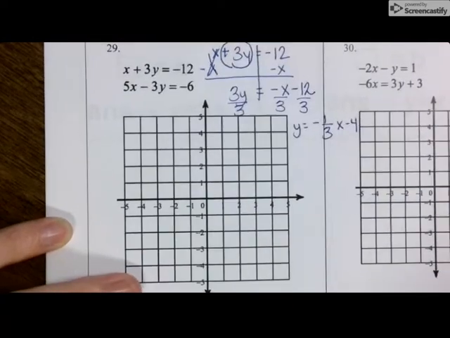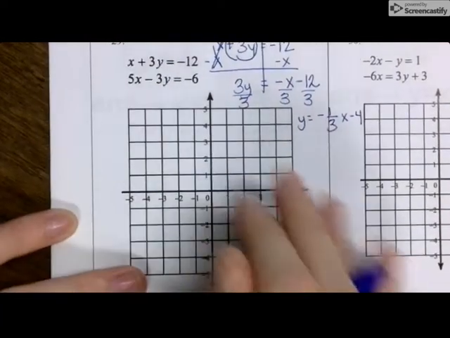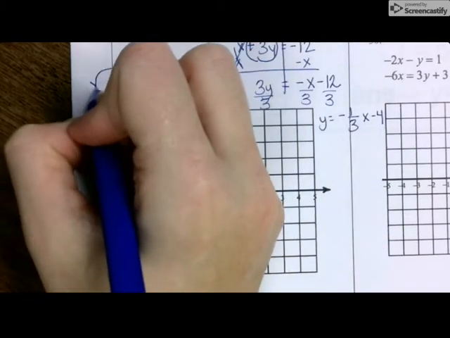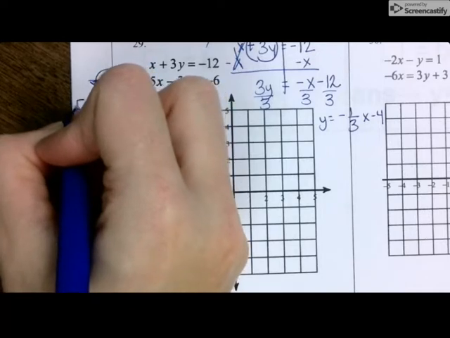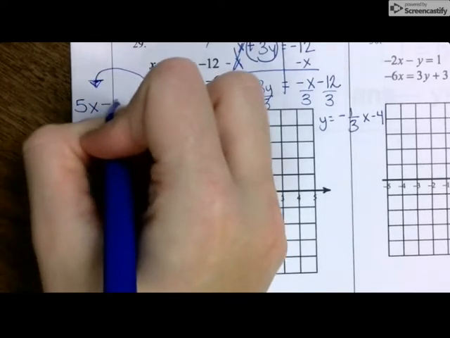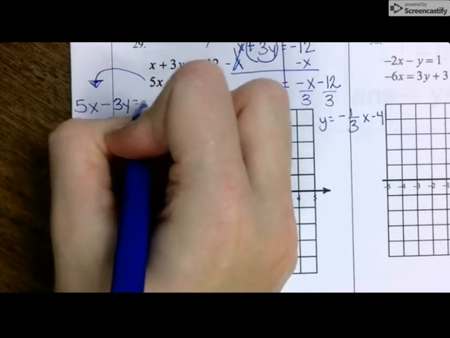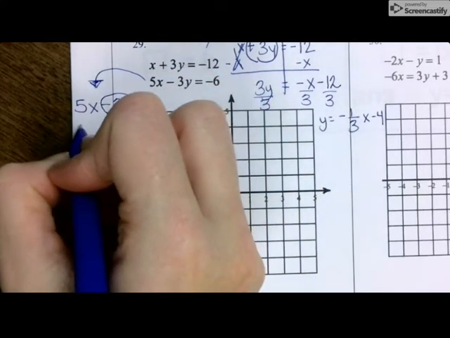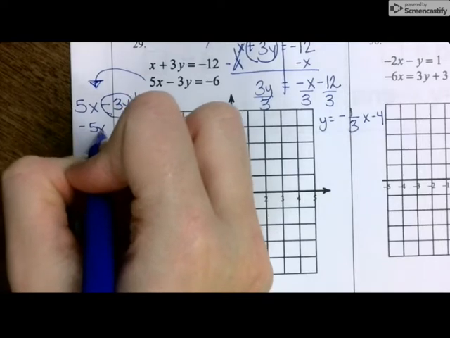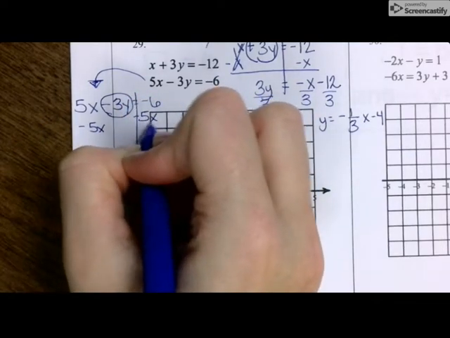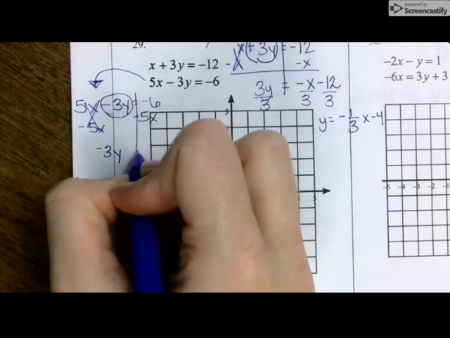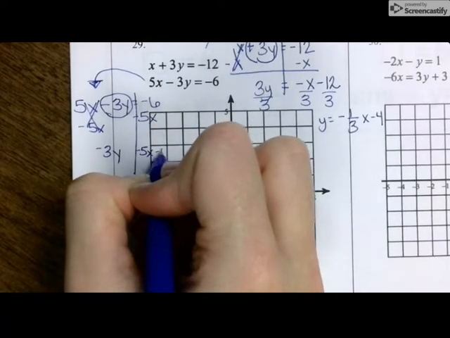Okay? Then the other one, I'll write on the side here. I have 5x minus 3y equals negative 6. I need to get this by itself. So I'm going to subtract 5x on both sides. That leaves me with negative 3y equals negative 5x minus 6.